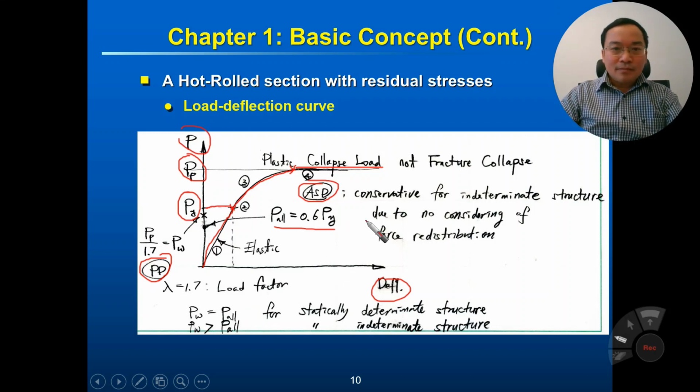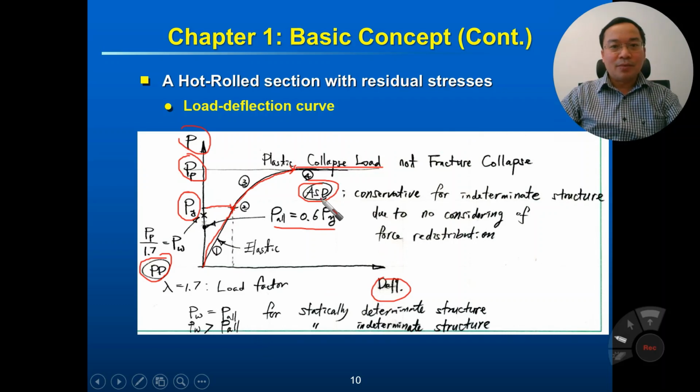So, for the statically determinate structure, P allow equals Pw. But for the statically indeterminate structure, Pw may be higher than P allow.